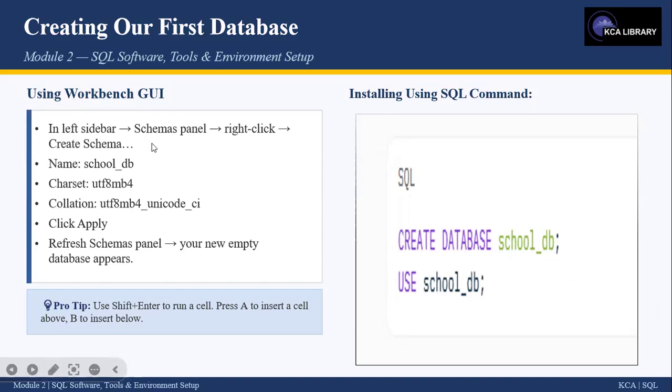Method two is using Workbench GUI. In the left sidebar, right-click in the schemas panel, then name it school_db. Then click apply and refresh the schemas panel. Your new empty database is ready.